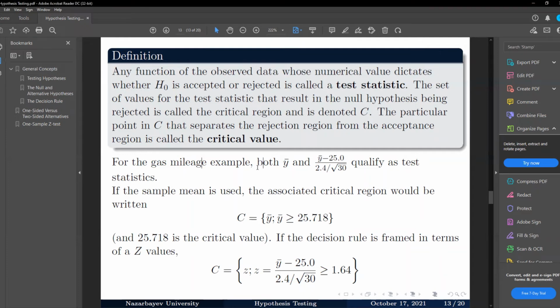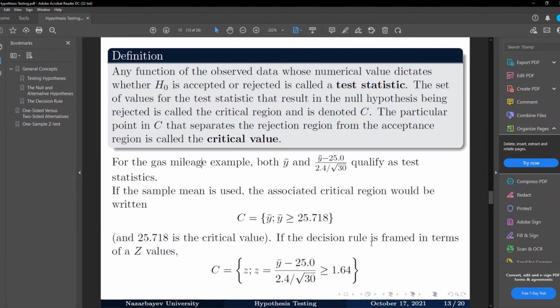So in the problems that we considered previously, both y bar, our sample mean, and this z-score that we calculated by normalizing y bar qualify as test statistics. If the sample mean is used, the associated critical region would be written as the set of values for y bar such that y bar is greater than 25.72, our critical value that we calculated before.